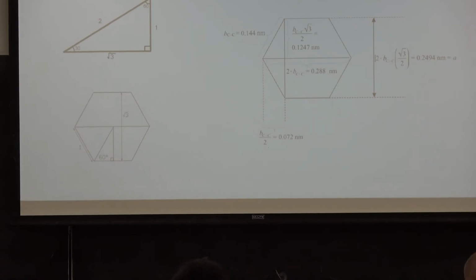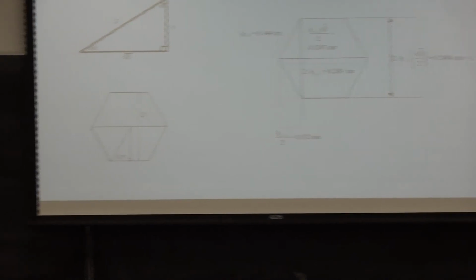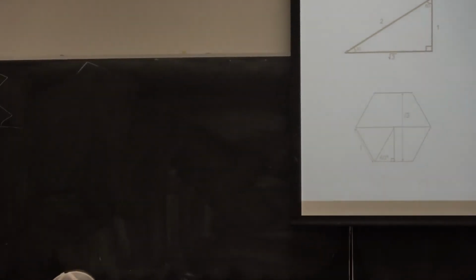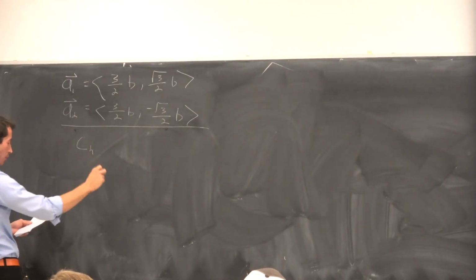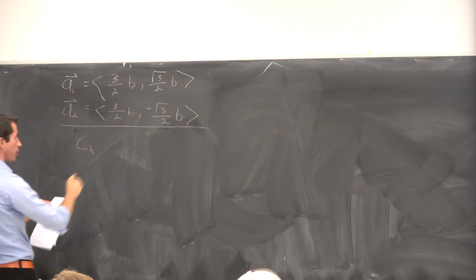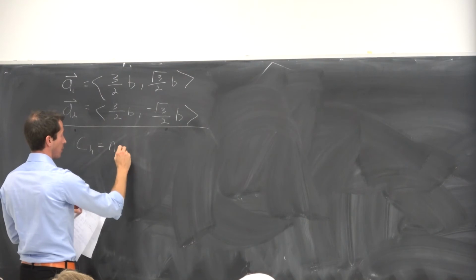So now, if we want to get an expression of the diameter of a carbon nanotube, we can think about the chirality vector, which is the sum.